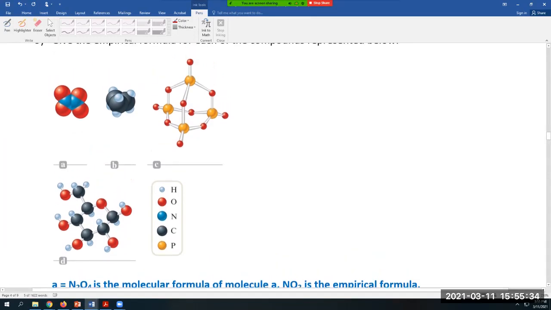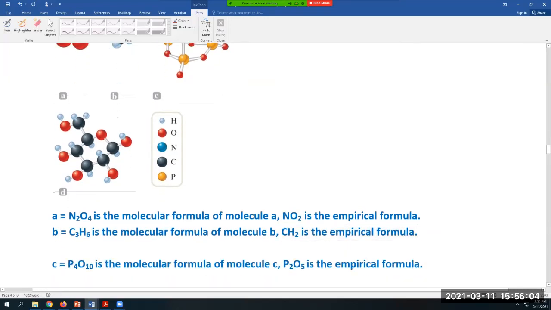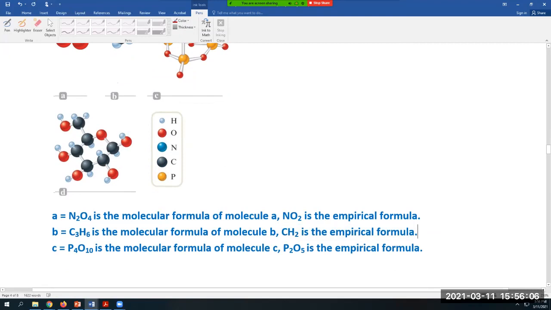So in C, we have phosphorus in yellow and oxygen in red. I see 4 yellow, so that's going to be P4. And oxygen, we have 1, 2, 3, 4, 5, 6, 7, 8, 9, 10. So P4O10 is going to be the molecular formula. Let's show that P4O10. It's the molecular formula.